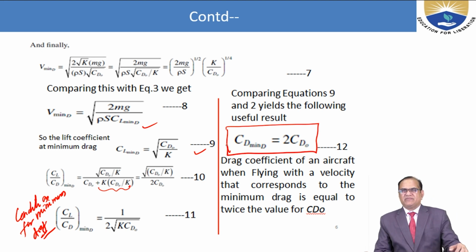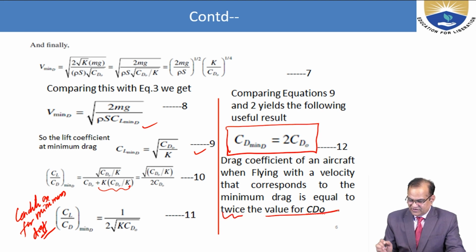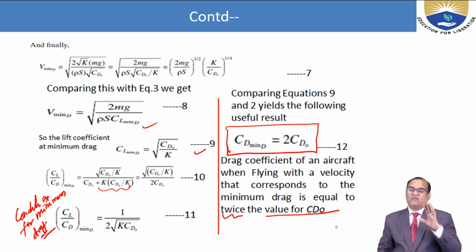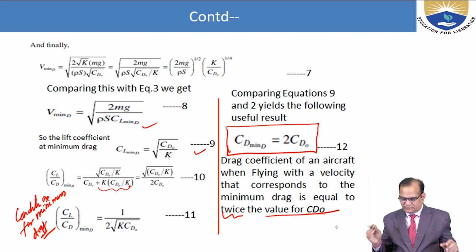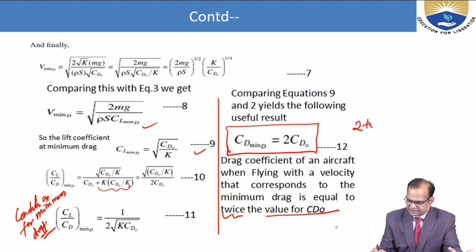The drag coefficient of an aircraft flying with a velocity that corresponds to minimum drag is twice the value of CD naught. So for minimum drag, CD will be 2 times CD naught, which is 2 times the zero lift drag.